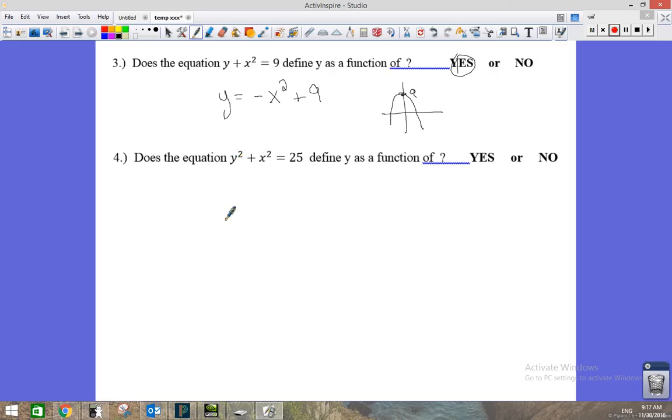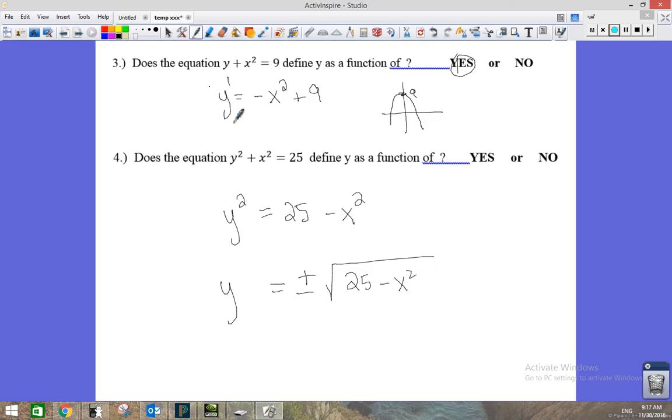Now, down here, when I solve this for y, I see that in problem 3 I had an odd exponent. Here on y I have an even exponent. To solve for y, I have to take the square root of both sides. And when we take the square root of a variable, we have to introduce a plus or minus symbol, and that makes it fail to be a function.